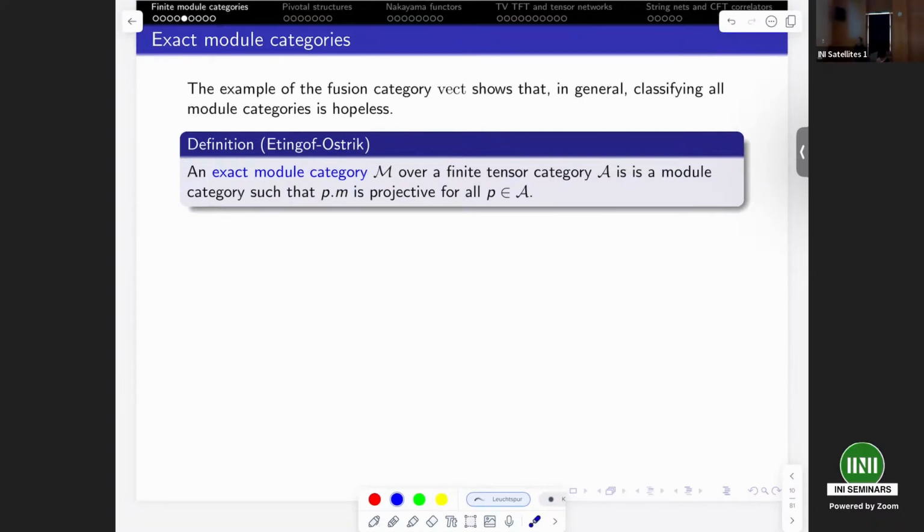This doesn't explain the word exact, and it's maybe not directly obvious why this is a useful requirement. So let's discuss this a bit. What we can already say is we do not have to impose the same condition requiring projectivity here for M, because that's automatic.